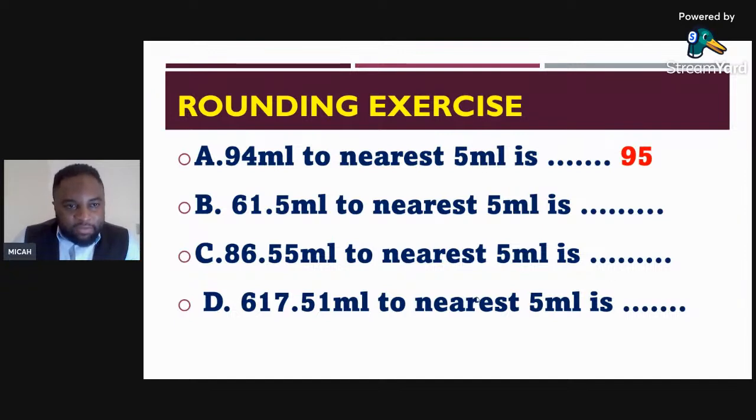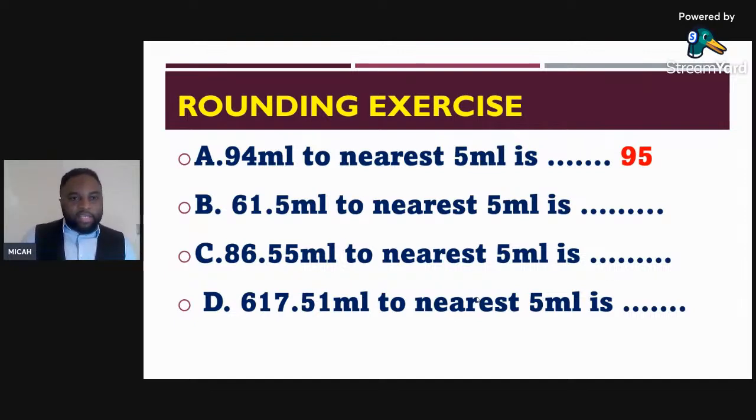Why is it 95? What you need to be looking at is the halfway point between the number you have and where you're trying to get to. I'm trying to get to the nearest 5 mil, and the closest one to 94 is 95 mil. Does that make sense?